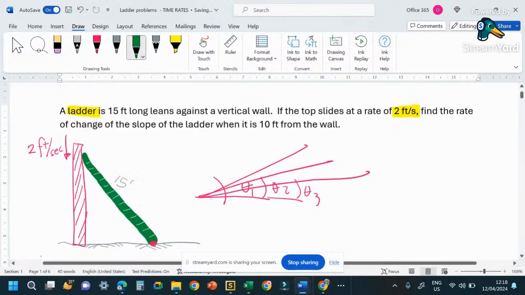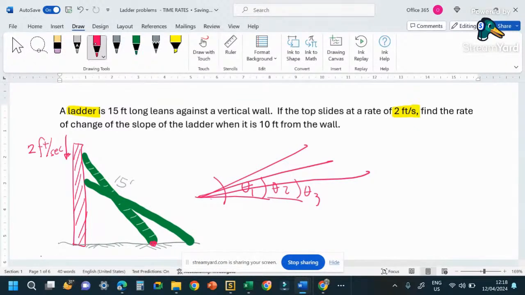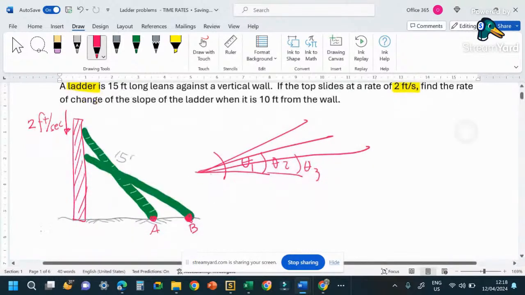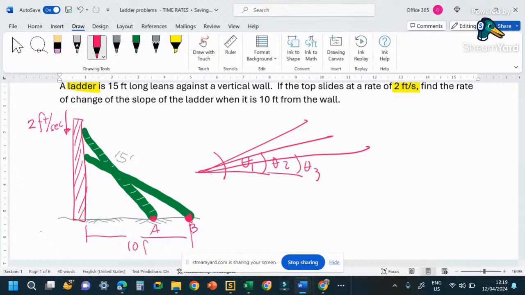So if we may draw another one here, how fast would this ladder be moving from A to B position when it is 10 feet from the wall? Okay, so assuming that we're going to analyze at point B, 10 feet from the wall.